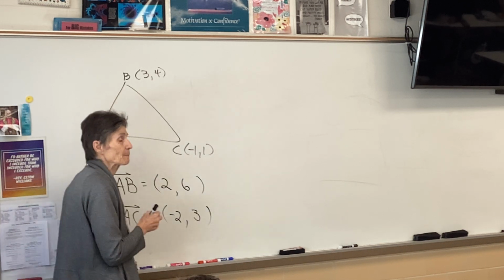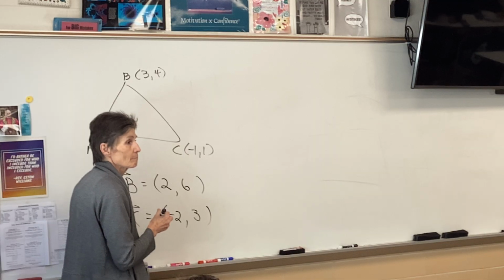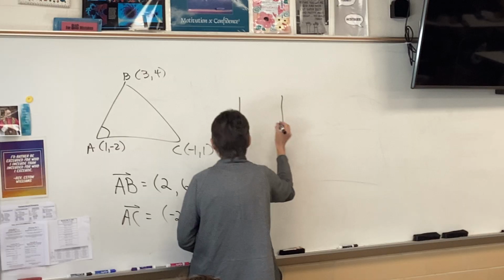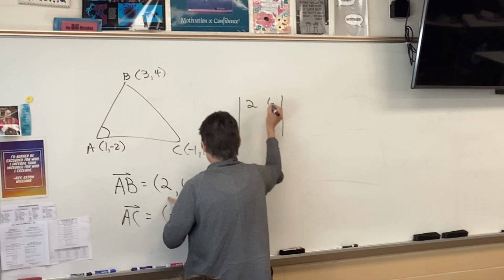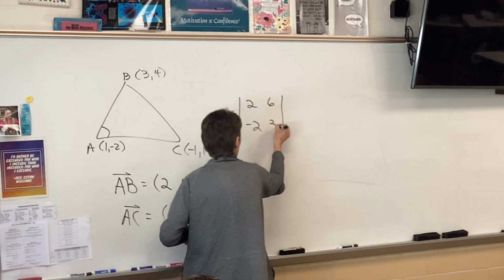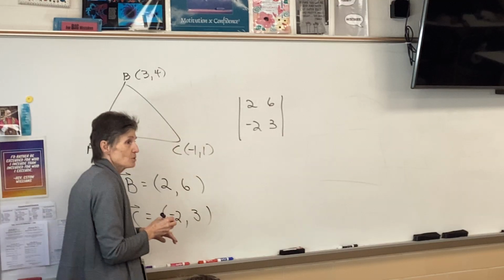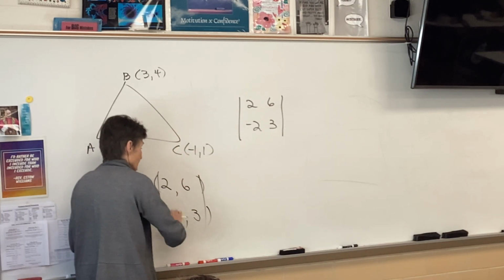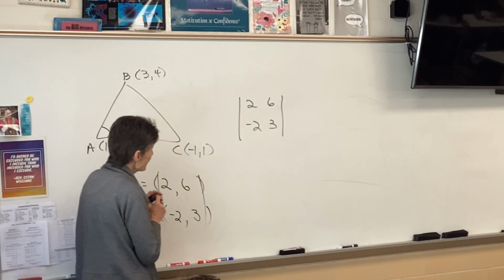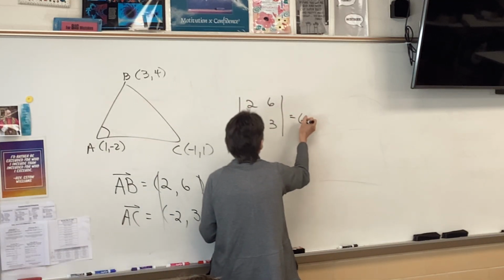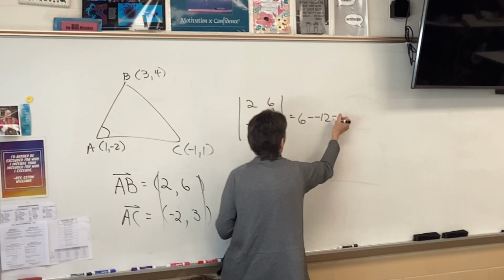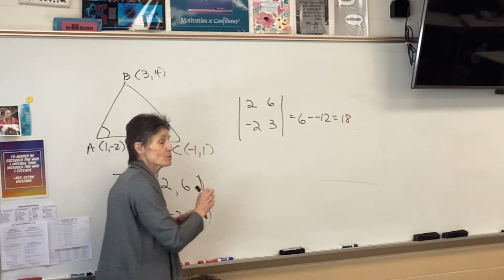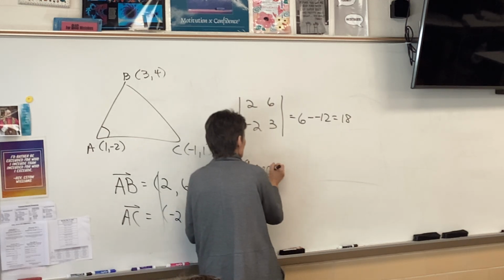Now what? Make a determinant. So 2, 6, -2, 3. So again, we're not changing anything, we're just building a determinant, and then evaluating it. So 6 minus -12, you get 18. Divide by 2, so the area is 9.